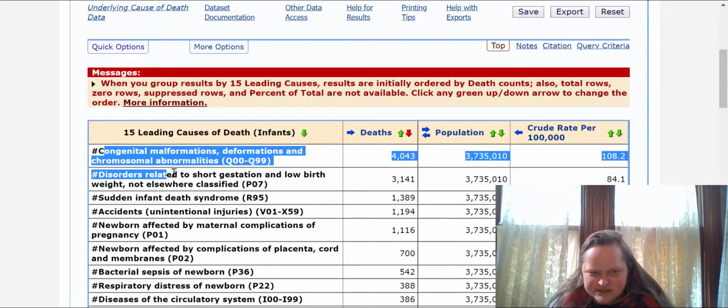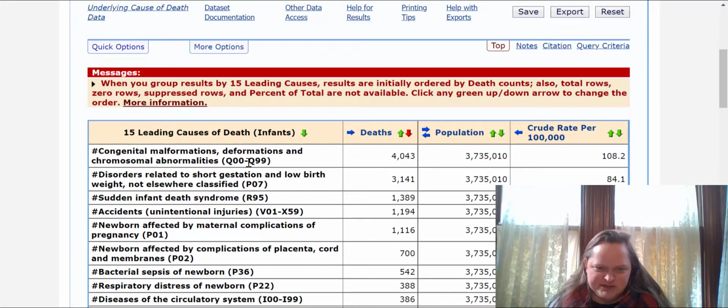So you see congenital malformations, so congenital problems, short gestation, low birth weight, SIDS. These are things that pertain specifically to infant mortality. A lot of these, like placenta, cord, and membranes, do not apply to full-grown adults. So they have a different ranking list for infant mortality versus adults.